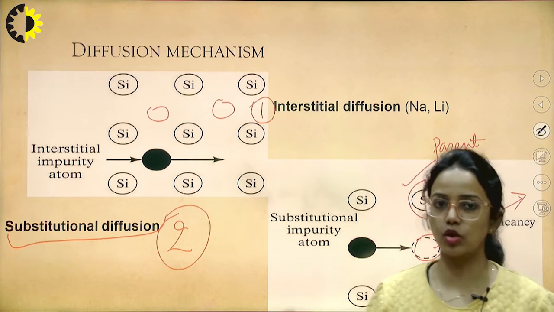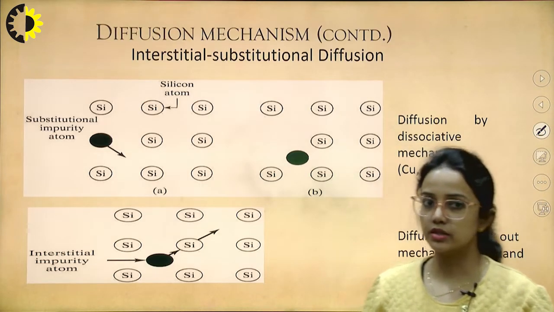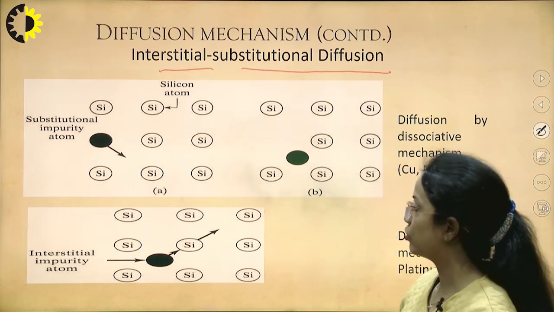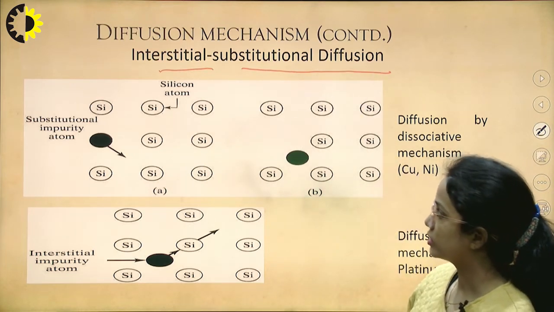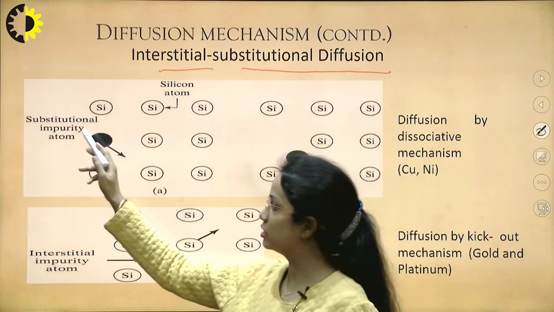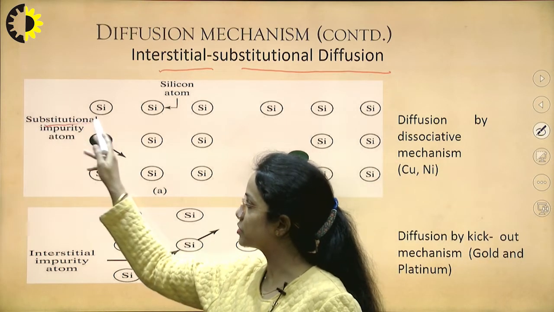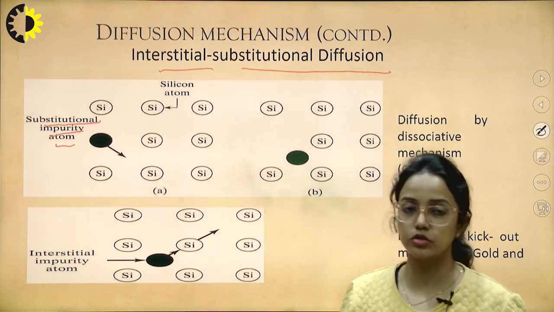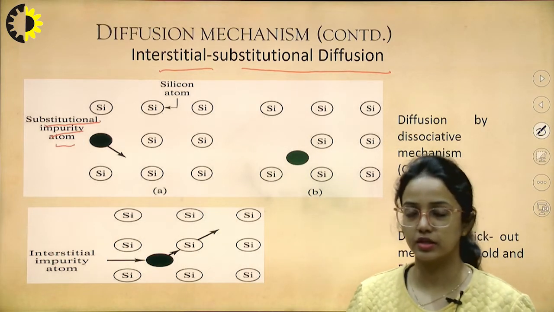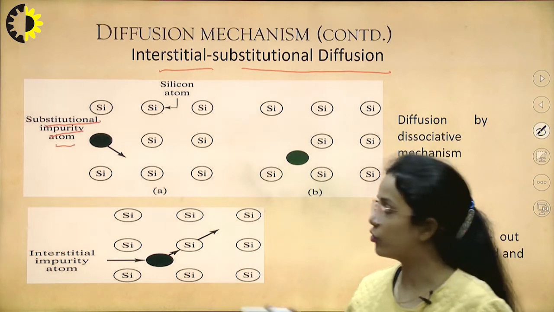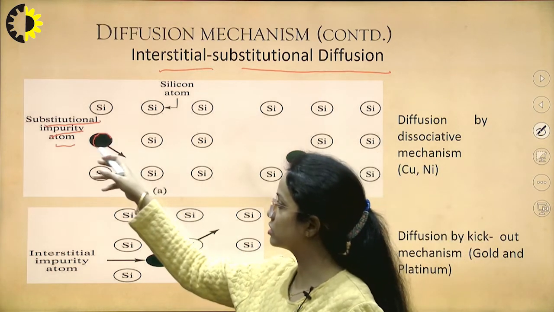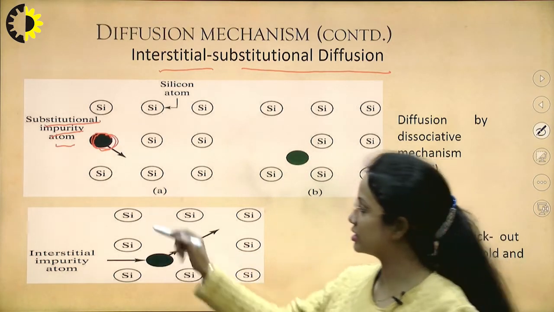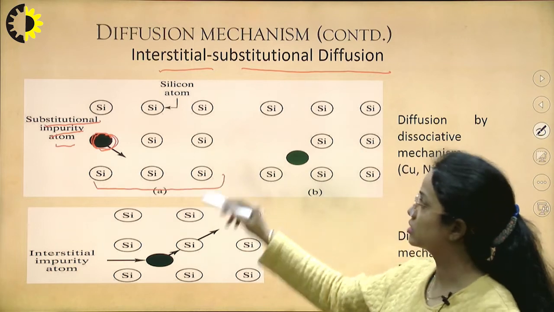The next one is the mix of the two, that is, interstitial-substitutional diffusion. First there was a substitution, which means the parent silicon atom was moved out and the dopant atom took the place of the vacancy. Here the lattice is the same.